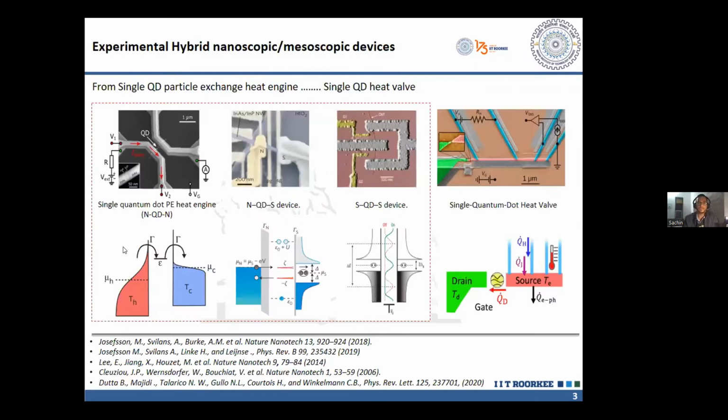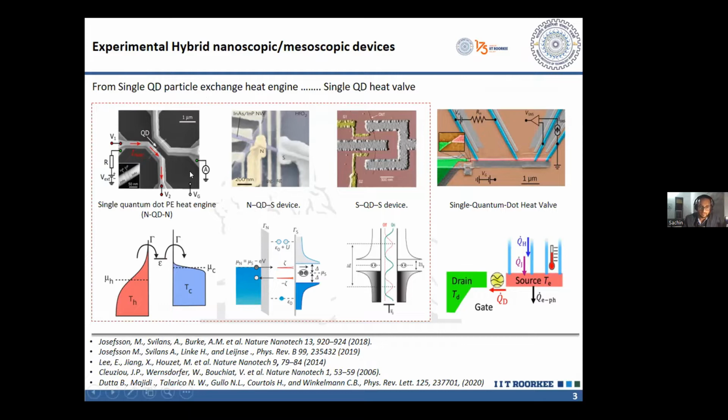Okay, so let me first briefly show you some experimental devices which have been fabricated very recently by various experimentalists across the globe. It ranges from a single quantum dot heat engine to more complex devices. The first one is the single quantum dot based heat engine, which has been fabricated very recently by Josefsson and his group.